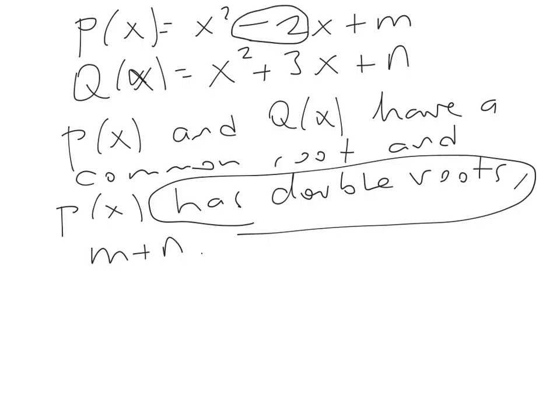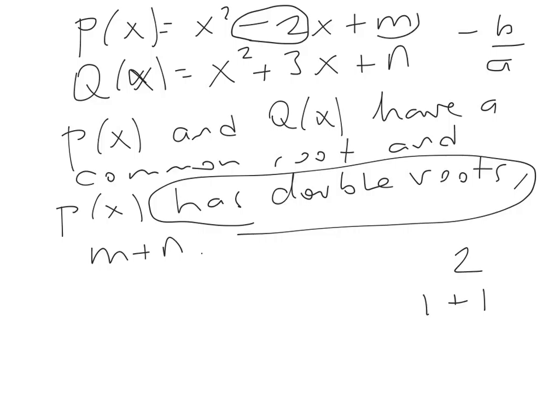The sum of the roots is negative b over a, it'll be 2. So if it has two equal roots, then they have to be 1 and 1.